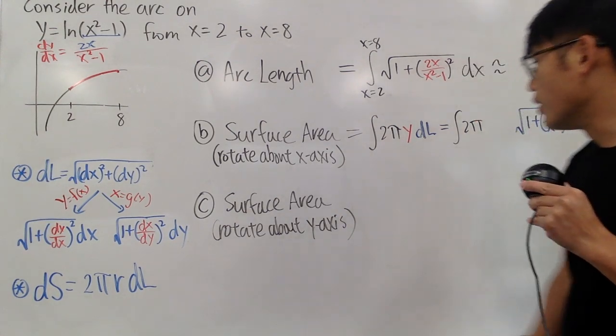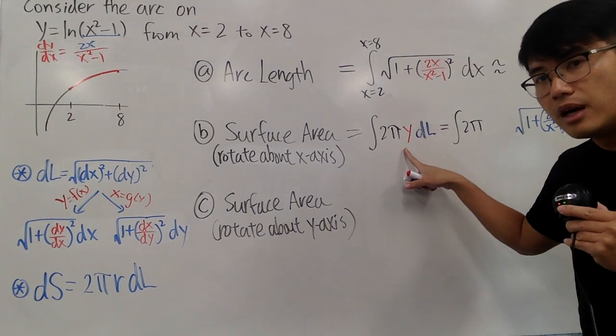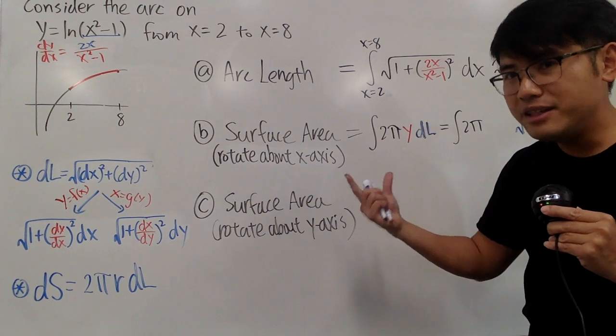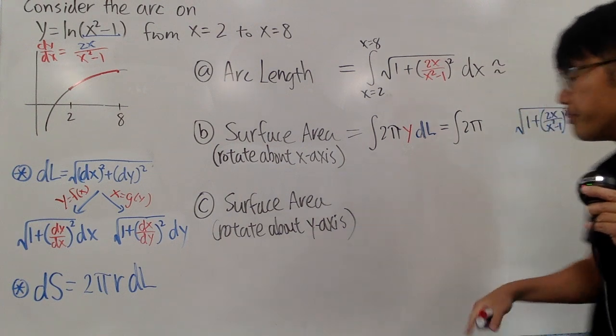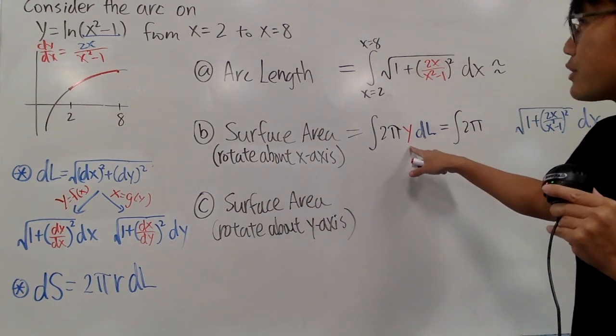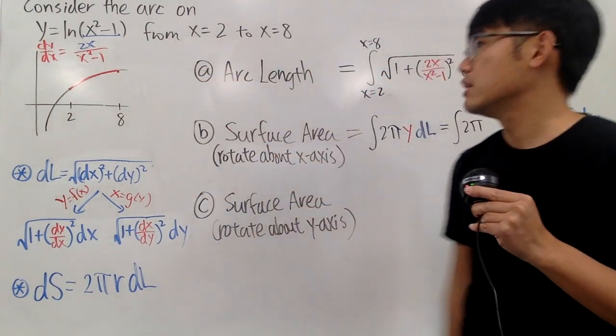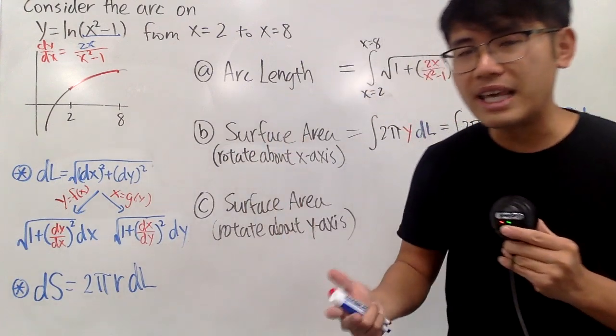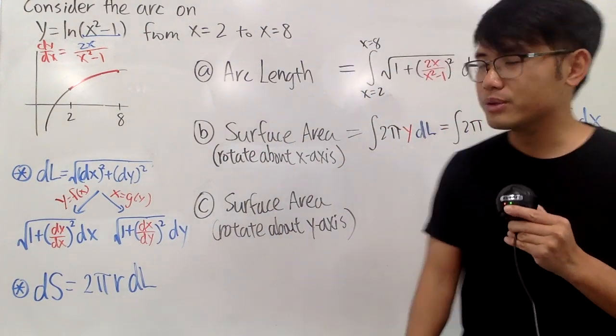And now here's the deal. Earlier we talked about it. When we rotate about the x-axis, the radius is y. But now we are in the x world. So we have to actually look back to what y is in terms of x. So we have to actually write this down because again, y is not invited in the x world.